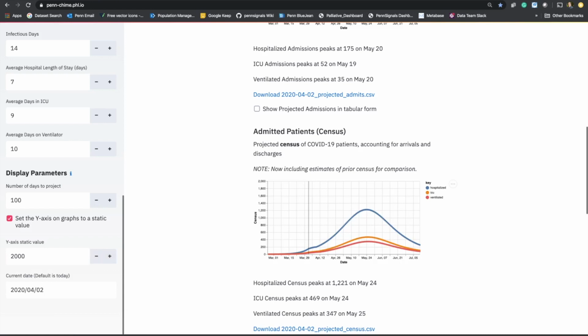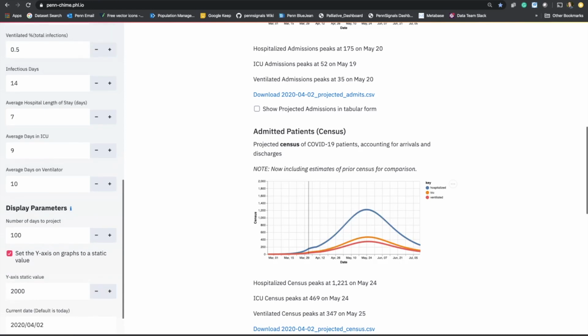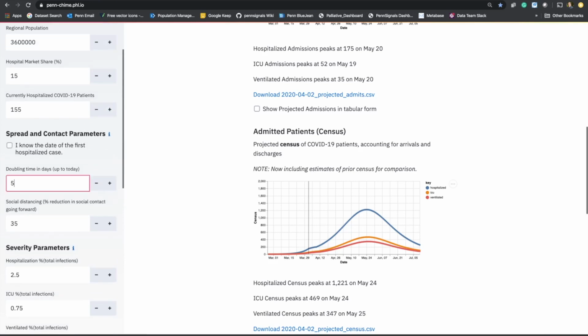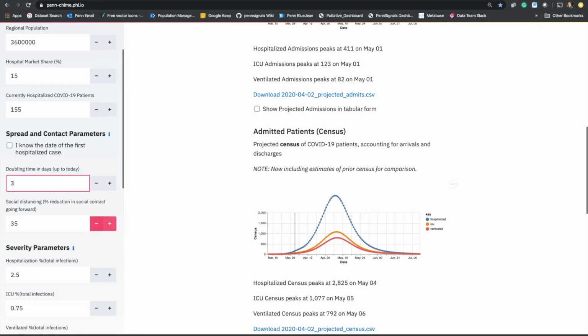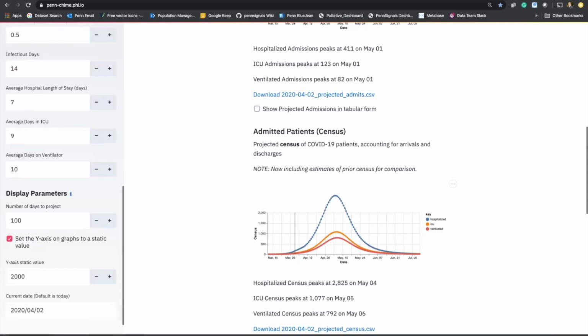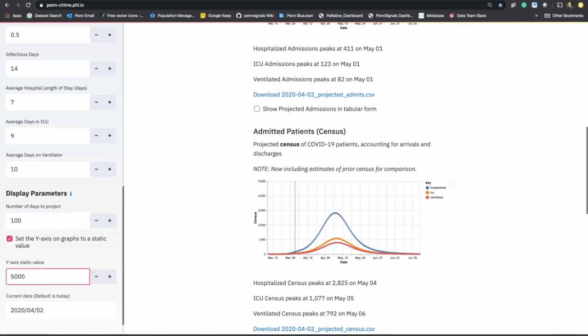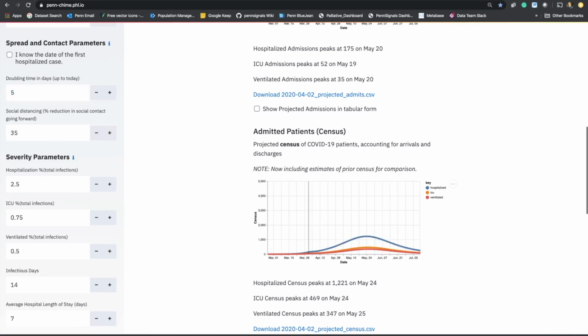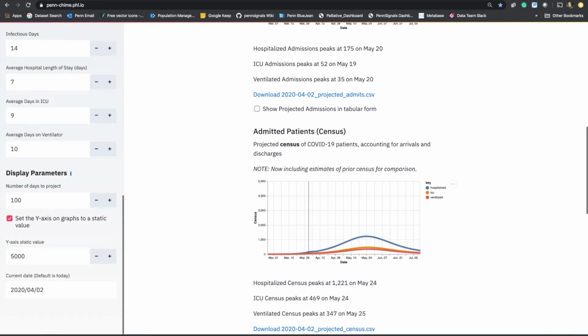So you can see the particular difference when you're changing doubling time from say 5 to 3. In this case, I'm kind of breaking the selected axis point. So I'll put in 5,000, and then of course to go back to doubling time of 5, you can see the distinct difference of those two scenarios.